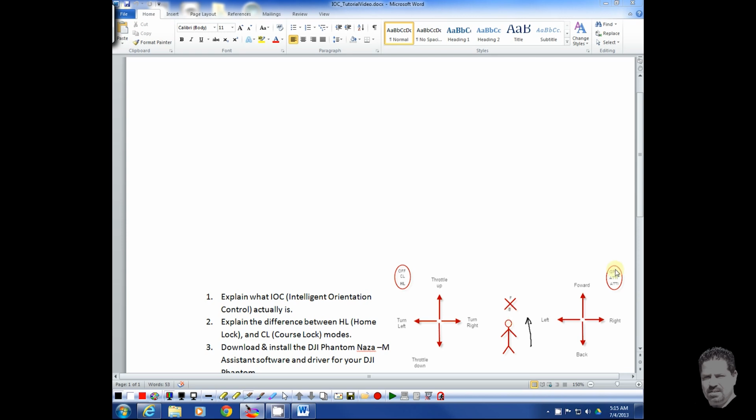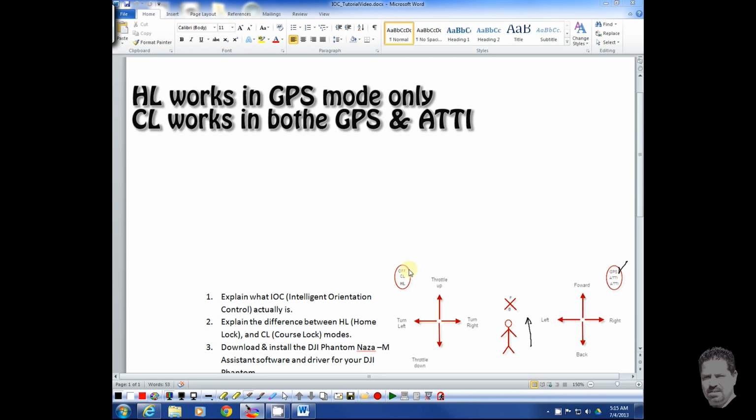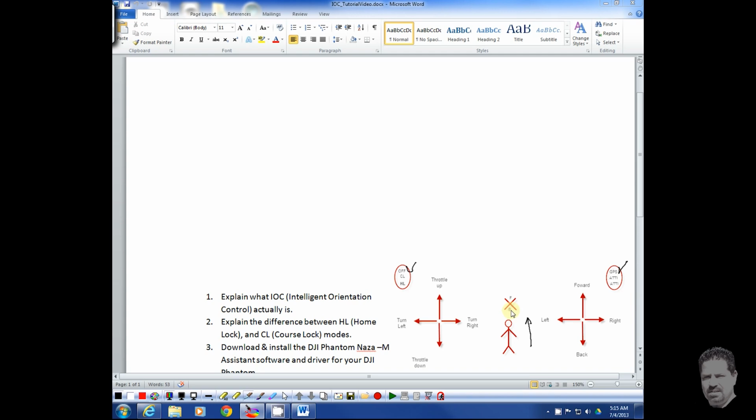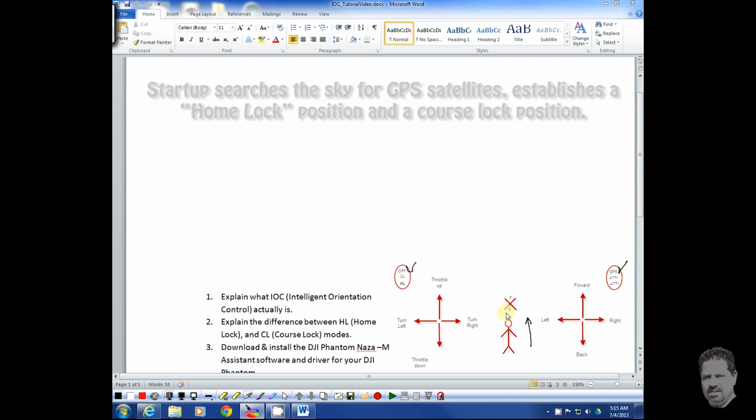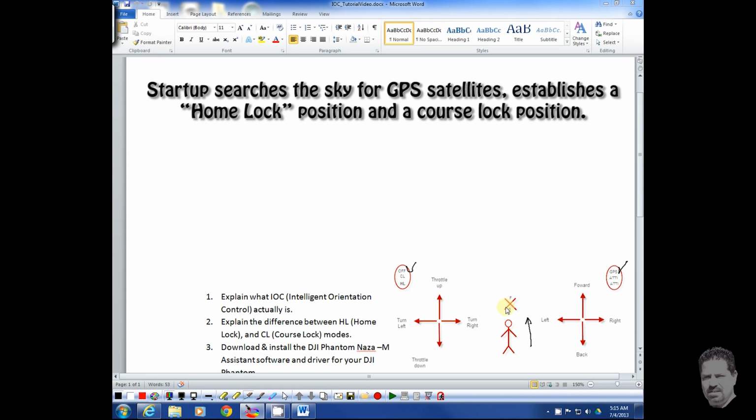I've turned on my transmitter. I have my GPS mode enabled, and I have my course lock, my IOC off, completely off. So I turned on my transmitter, and I hook up the battery, and now it's going to warm up the IMU. It's going to do its whole startup procedure. The startup does a number of things. It warms up the IMU. It establishes the GPS.